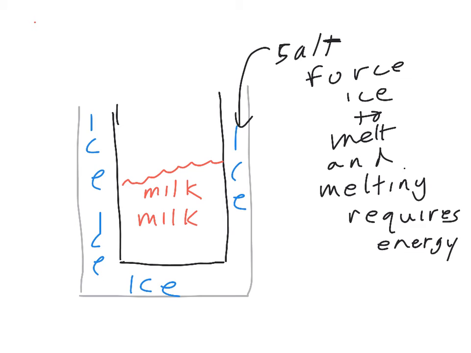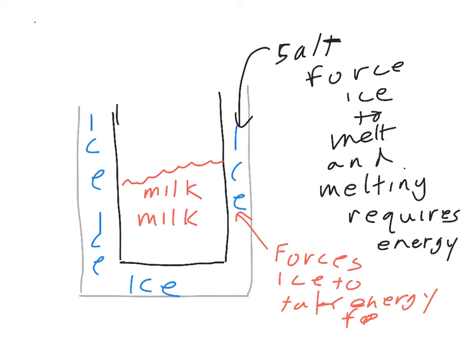Right? And that's exactly what happens. Because the salt lowers the energy of the ice, forcing the ice to melt, that forces the ice to take some energy from the milk, lowering the temperature of the milk even further.